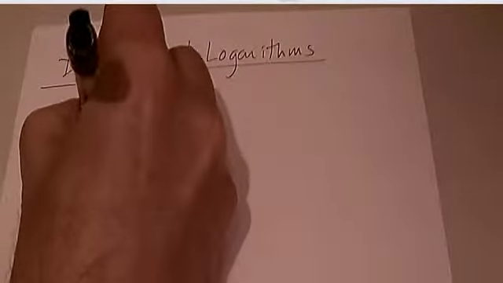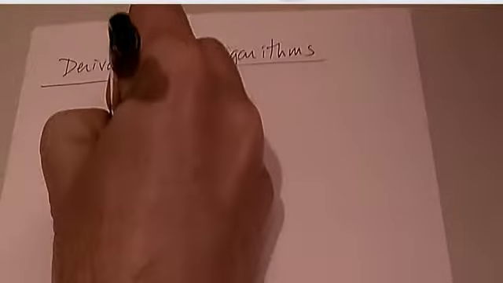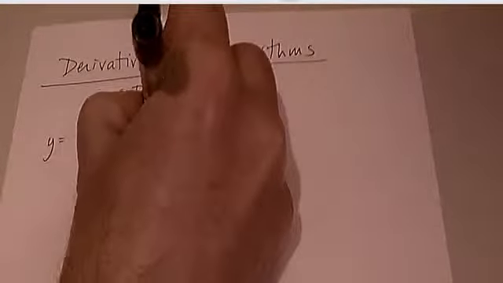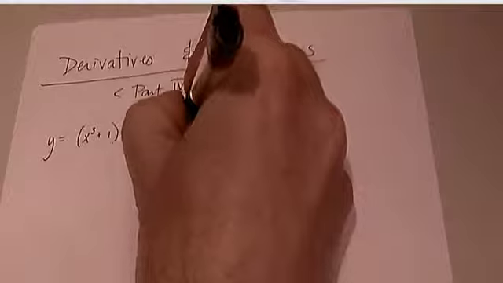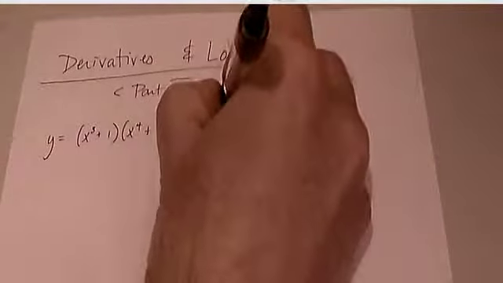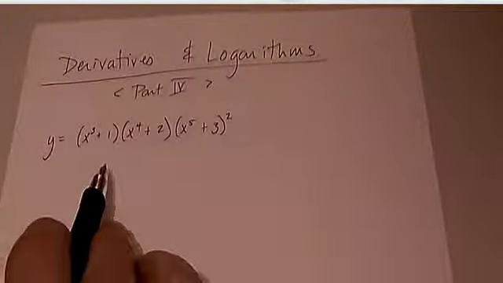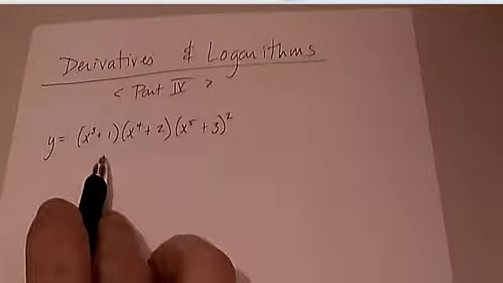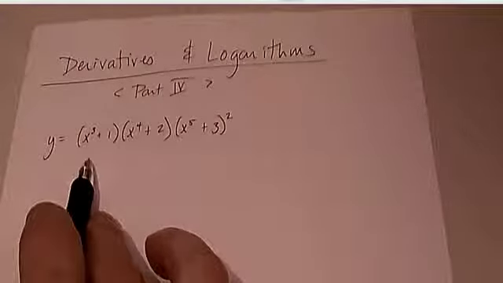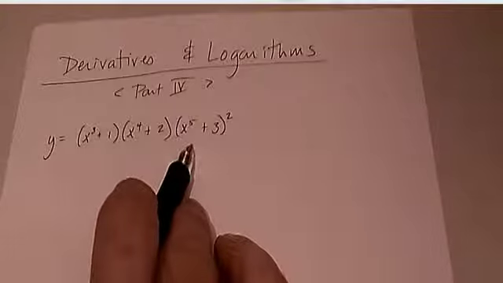How about y is equal to x cubed plus 1, x to the 4th plus 2, and x to the 5th plus 3, squared. Now this is certainly a little bit more on the border in terms of whether you would want to do it, because there are two things you could do. It's doable to multiply this all out into a polynomial.